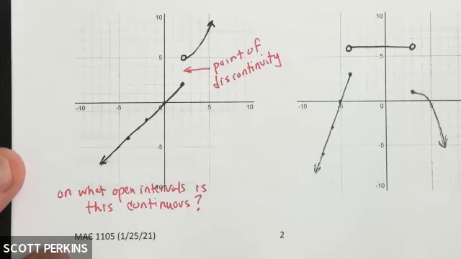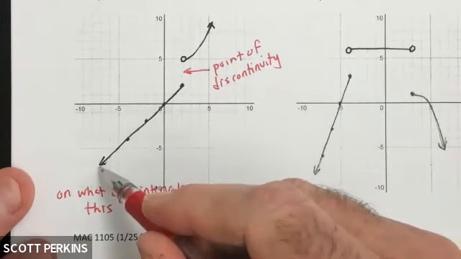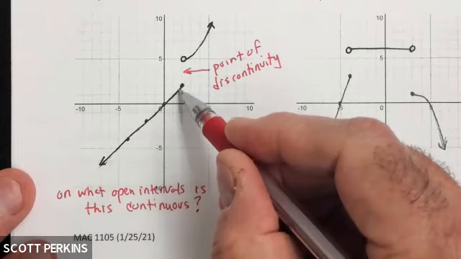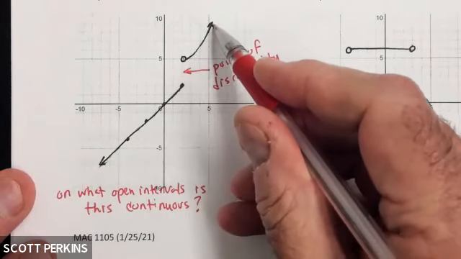It's a place where the graph, it's not really a problem, but as far as continuity is concerned, it's a place where the graph is no longer continuous. So I have two intervals, though, where I don't have to lift my pen. I just have one point of discontinuity.